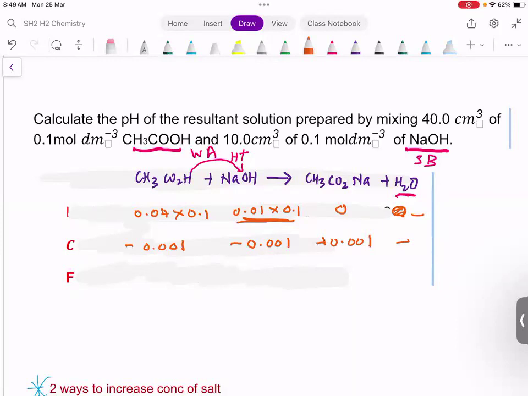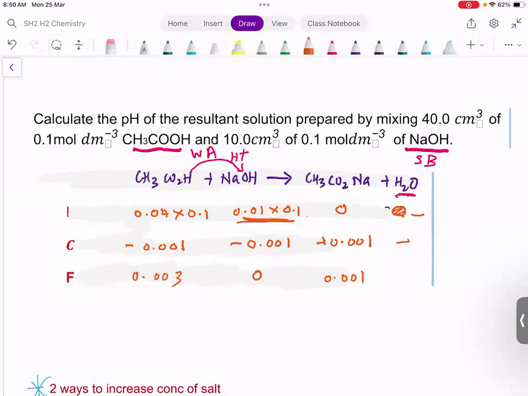Okay, then after that you calculate how much is left behind. How much of the weak acid is left behind? 0.003. This one, 0, no more. Then this one is 0.001. So what kind of system are we looking at?